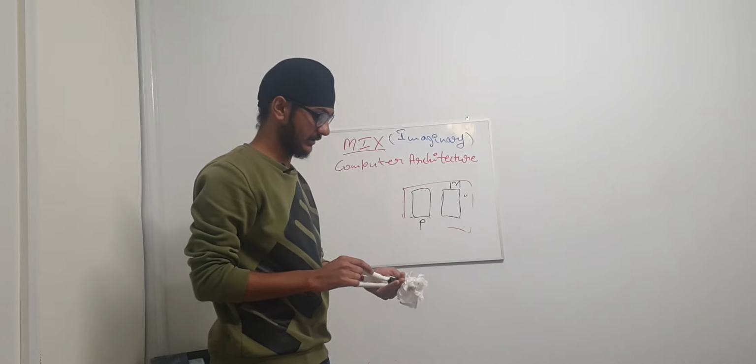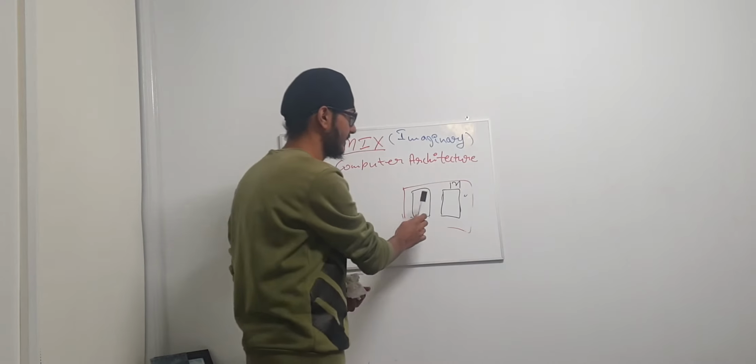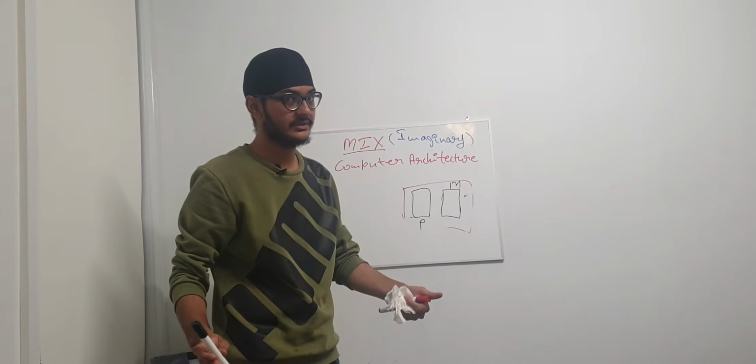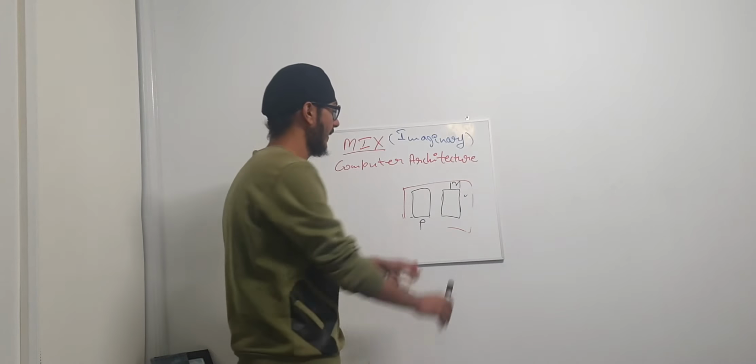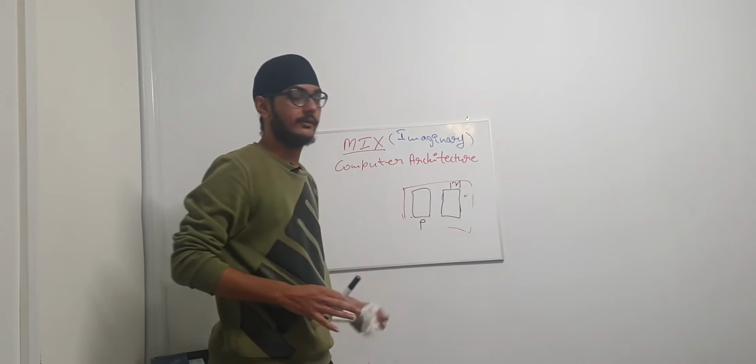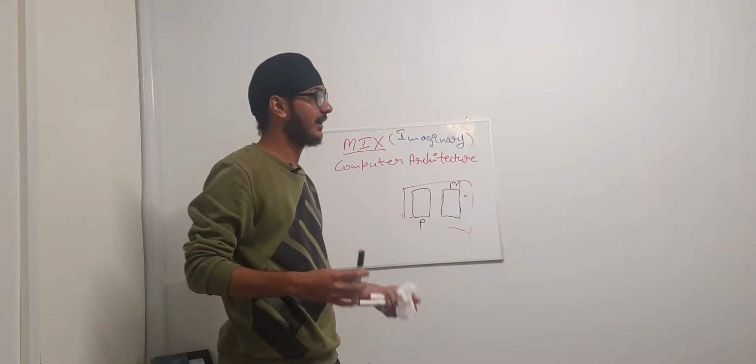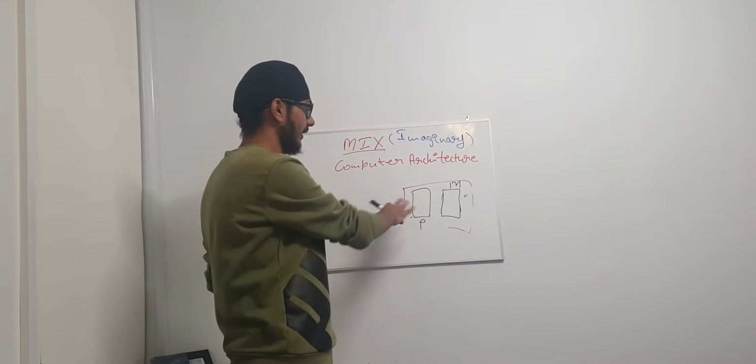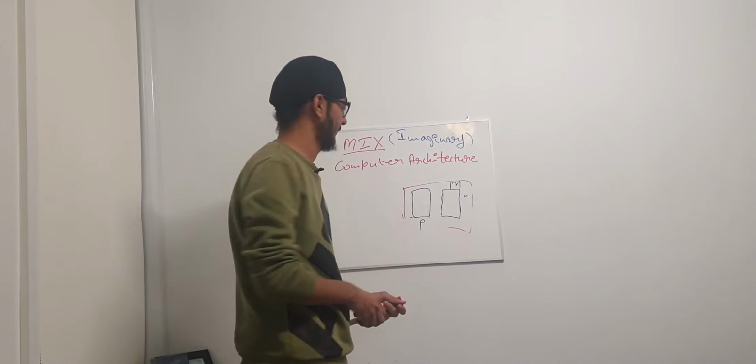Now let's discuss what's inside P, what kind of registers are in P, and what's inside M, how the memory is divided into different sections, or parts or arrays, in this MIX architecture.